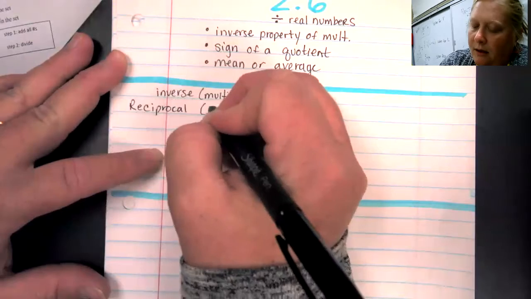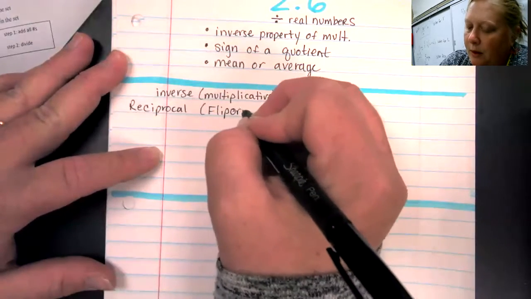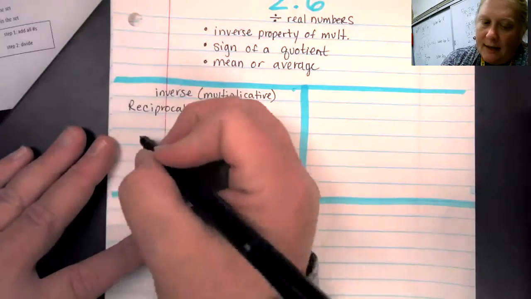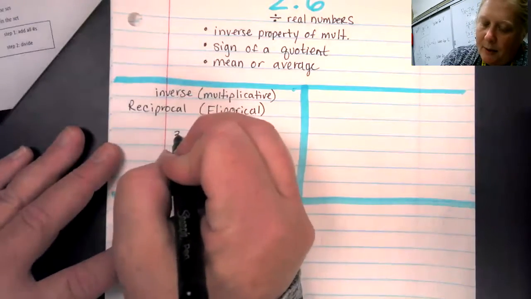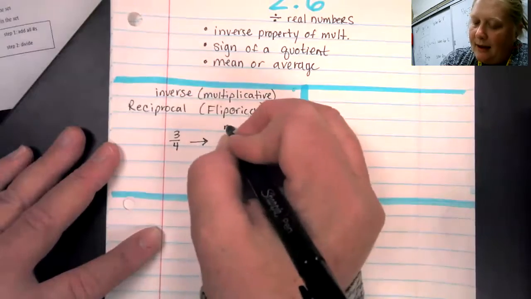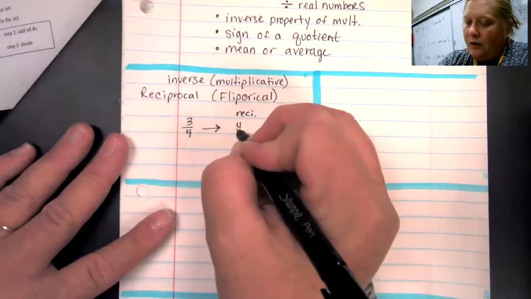I like to call it the fliprical. So for example, 3/4, the reciprocal, or the inverse, would be 4/3.